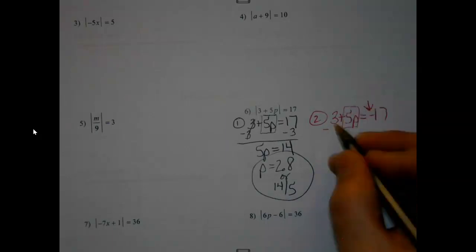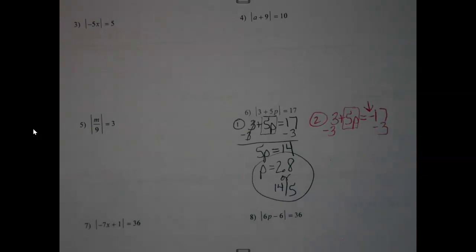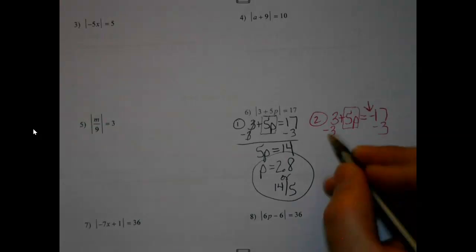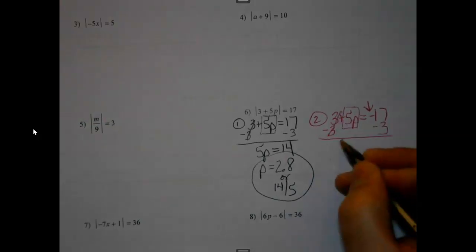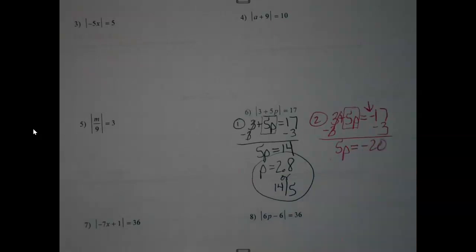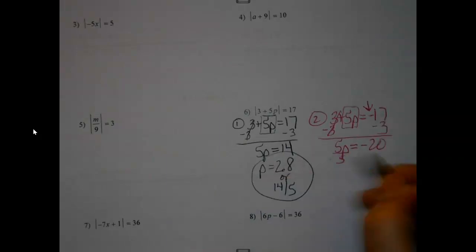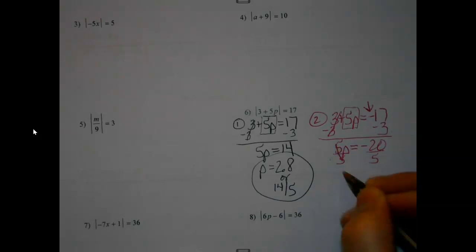And the nice thing about the absolute value equations is, if you do your first one right, it's going to be the same 2 steps for the second one. Minus in the 3 again. Dividing by 5 again.